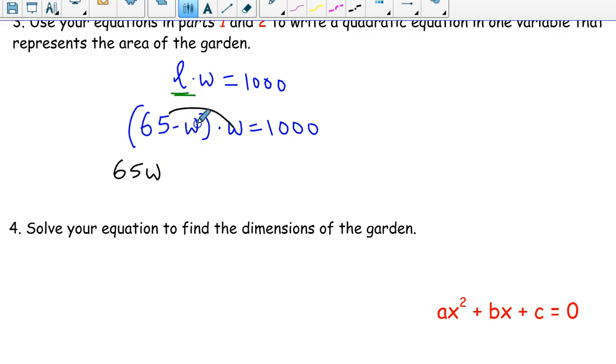Then again multiply W with W. So with a minus sign there, minus W times W is W square, right? So what we did here, 65 times W is 65W, and W times W is W square with a minus sign there. Okay, next on the right hand side we have 1000.